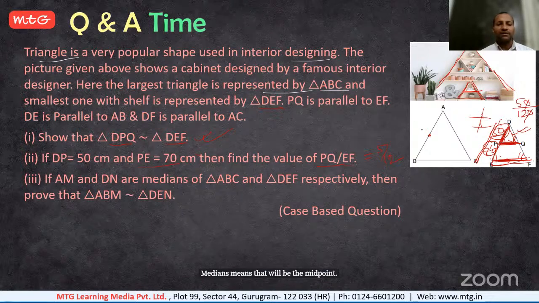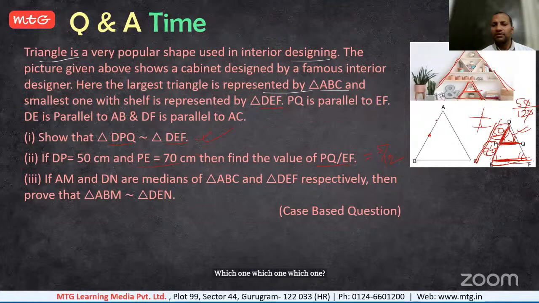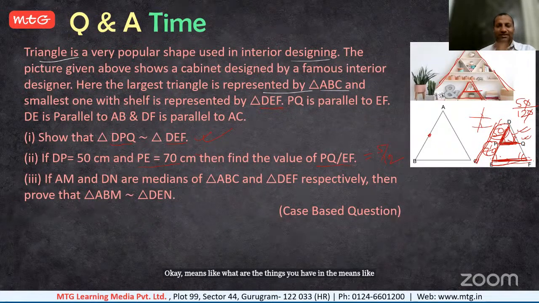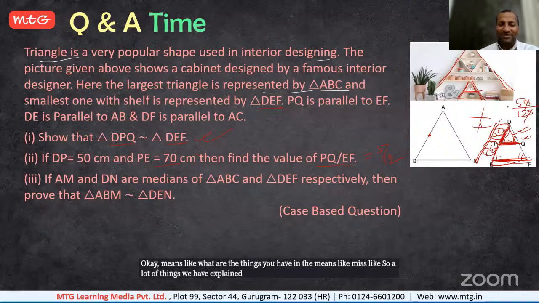Sir, can you explain this to me? Which one, beta? About the triangles you were telling. I joined late. Okay, so a lot of things we have explained, beta. What have you missed?